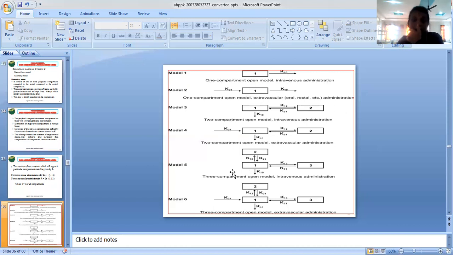And here is the three compartment model. This is the central compartment, these are the two peripheral compartments. This is the model for the intravenous administration, this is the model for the extravascular administration. Drug movement takes place from one compartment to another compartment, but input and output of the drug take place only from the central compartment.